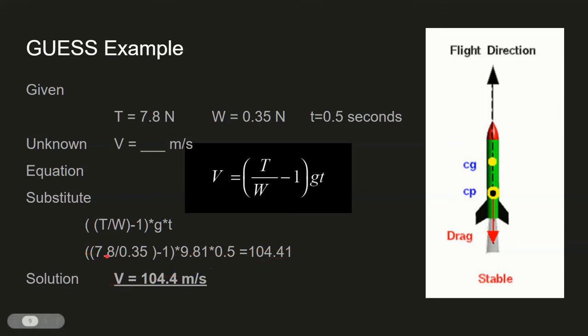Open parenthesis, 7.8 divided by 0.35, that's your thrust and your weight, minus 1, close parenthesis, times gravity, times your burn time, and you get 104.41. For our answer, we're going to use the first four numbers because I love four significant figures, and we end up with an average velocity of 104.4 meters per second. That is the average velocity of the flight of this rocket using that engine.